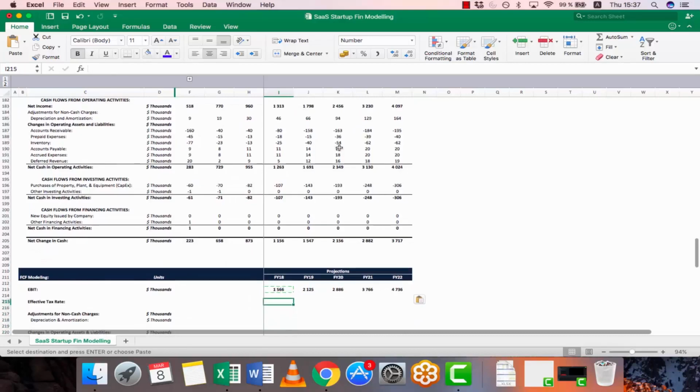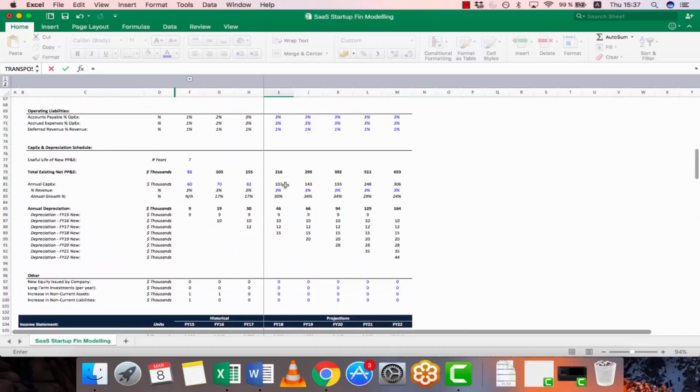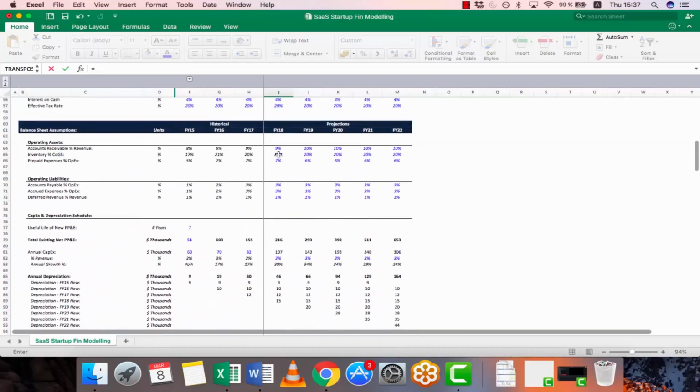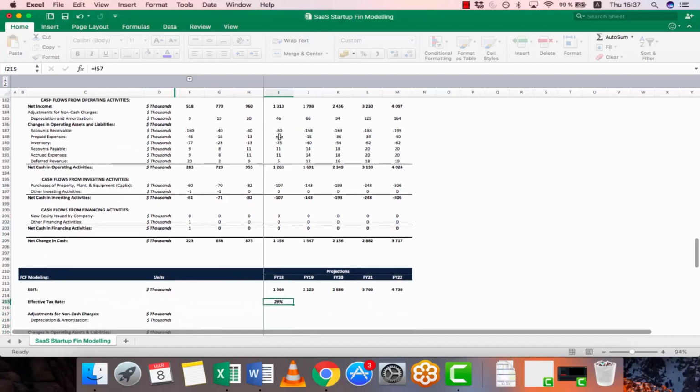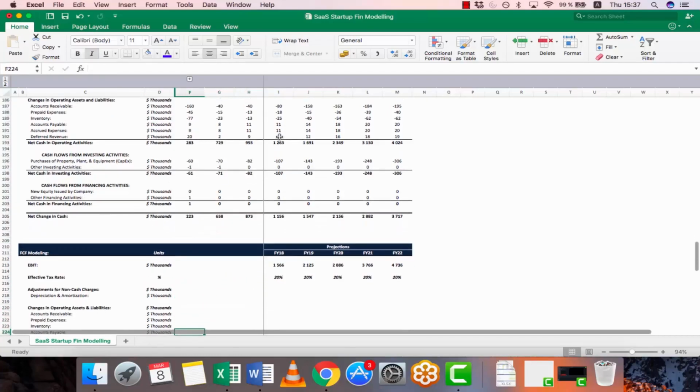Then effective tax rate. So we can go to our assumptions, and here it is, 20% tax rate. Units here are obviously percentages. Adjustments for non-cash charges.